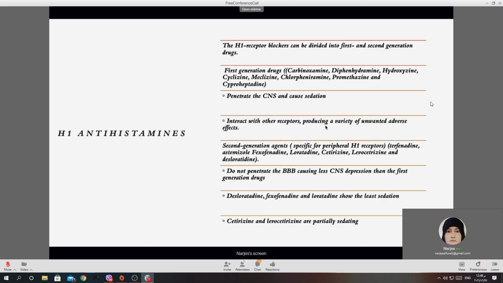For example, as a student, or me as a teacher, if I have hay fever, I don't like to take diphenhydramine, for example. Why? Because I want to be awake and alert. Instead of that, I can safely take loratadine. It's long-acting with less sedation.